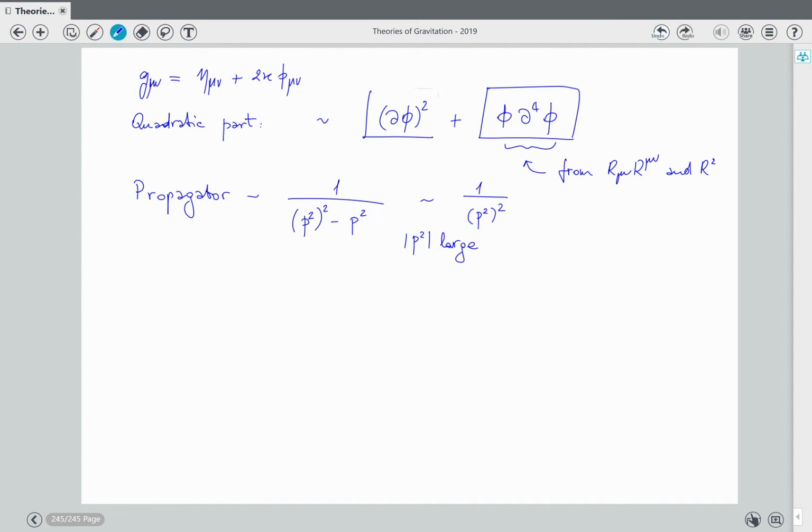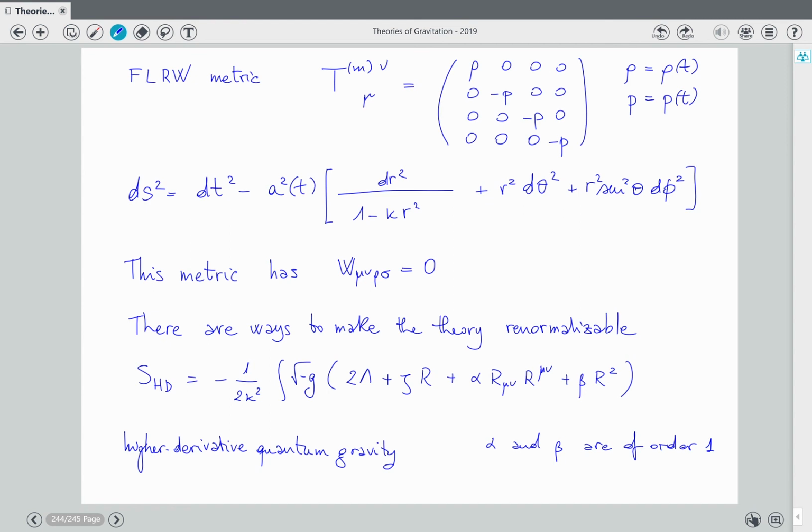And so when we repeat the power counting, we have to determine the dimensions of this term. So here you see alpha has dimension 0, like beta, because they multiply R squared. Zeta, no, in this notation there is the kappa squared in front.